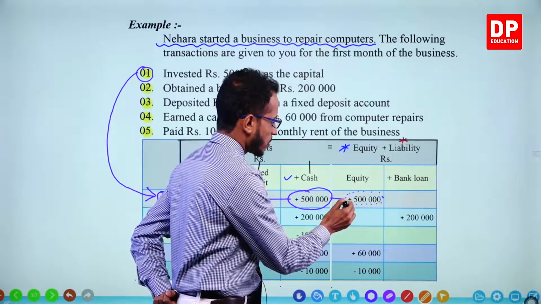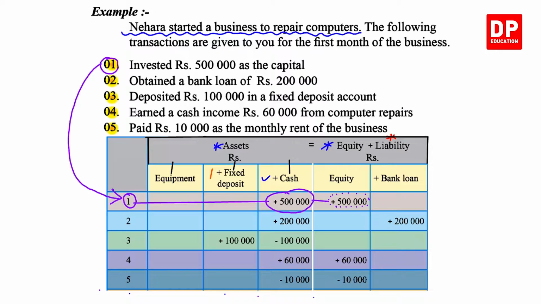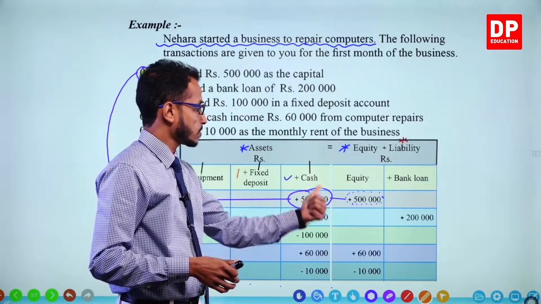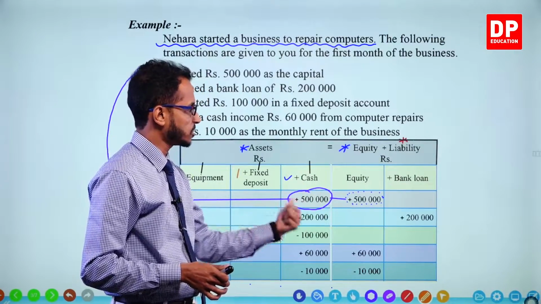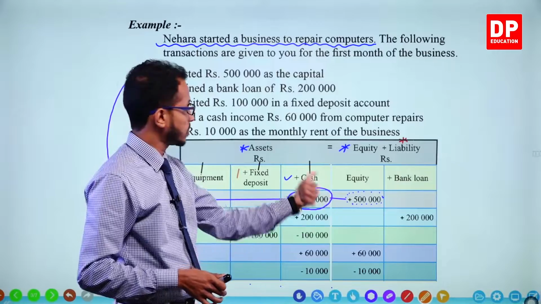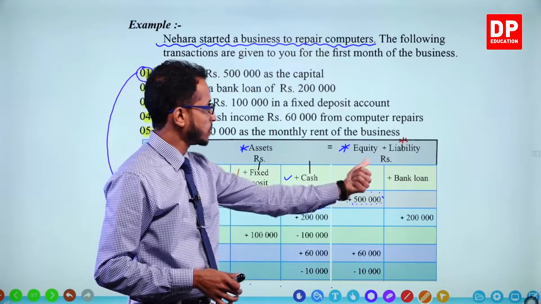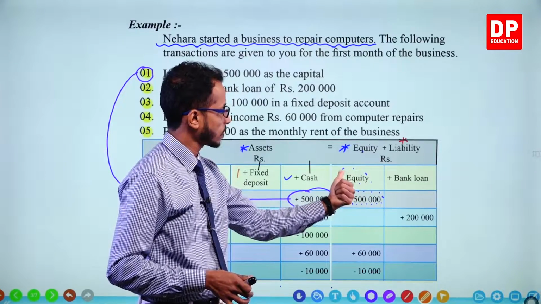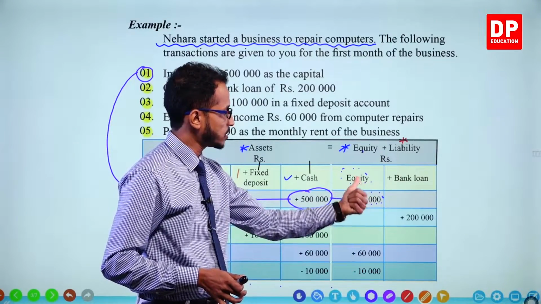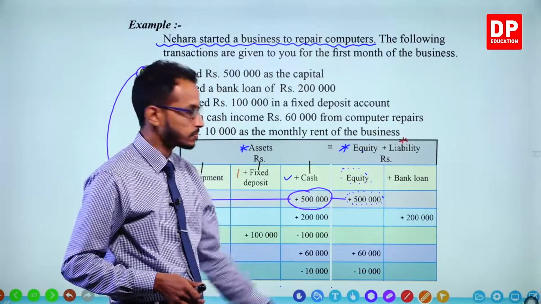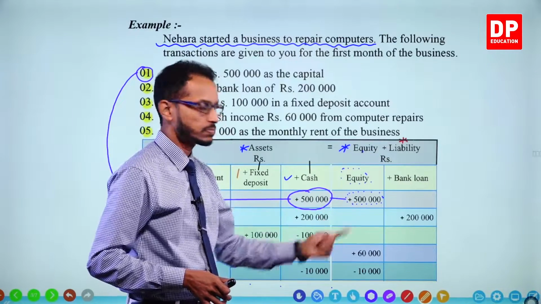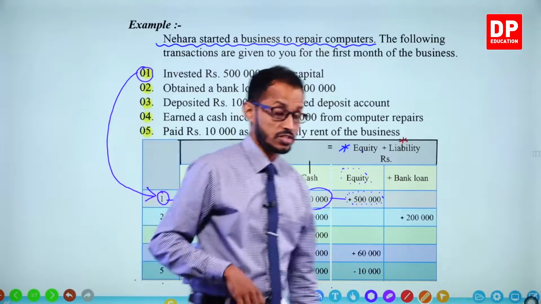Okay, whoever brought it, it's a cash inflow to the business. Then it must be under cash because it is an asset. It must be under assets and it must be under equity too. Did you get the point, children? 500,000 cash invested by the owner.